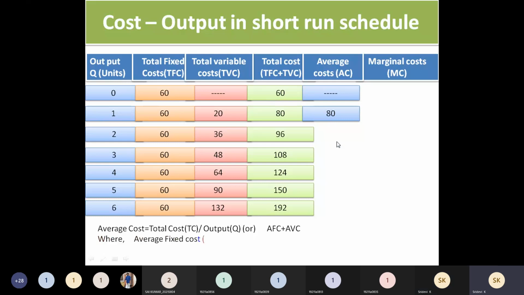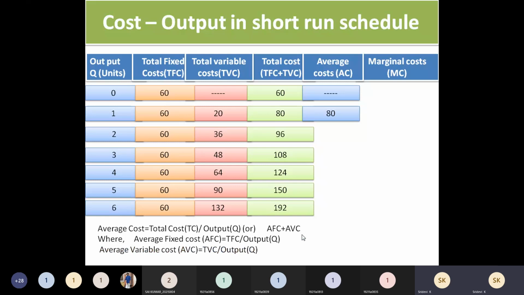And you can also use another formula, AFC plus AVC, for calculating this average cost. But for that you need to calculate the average fixed cost and average variable cost. So it will be complicated here, and you need 2 more columns.